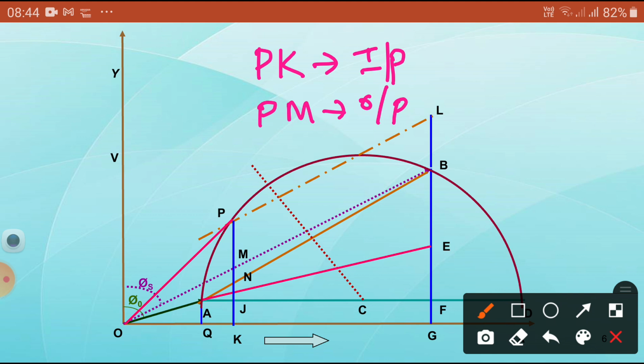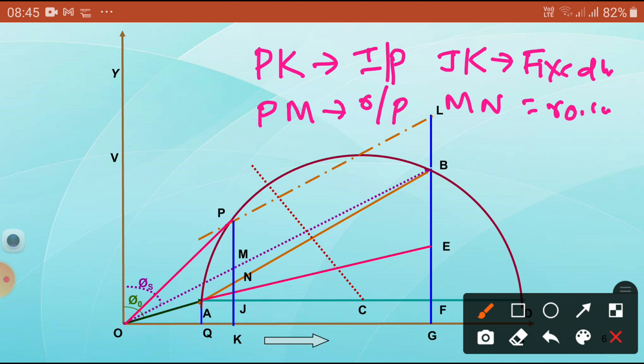JK indicates the fixed losses, MN indicates the rotor copper loss, and NJ indicates the stator copper loss. This is all we know.